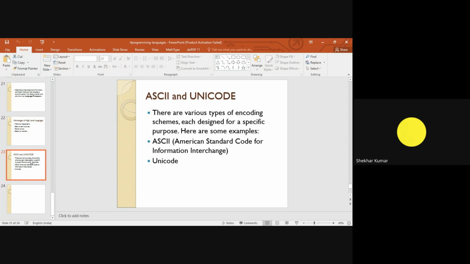Each character in ASCII is assigned a unique code or number from 0 to 127. These codes include letters, numbers, special characters, punctuation marks, anything.